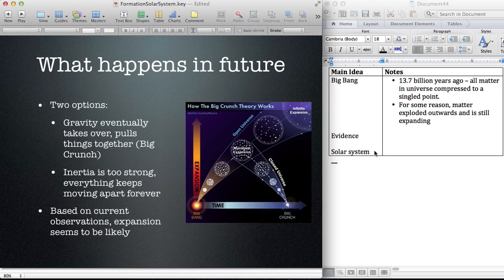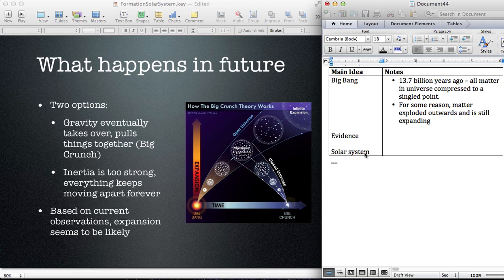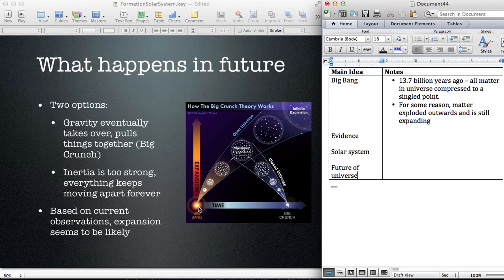So what happens next? Right? Basically, astronomers have figured out that there are two options. So the future of the universe. Right? Now, our sun will eventually turn into a red giant, burn out, and collapse in and become a white dwarf. But the universe itself, there's kind of two options. First, gravity eventually takes over, right? So as we can see, over time the universe is expanding. This is where we are right now.